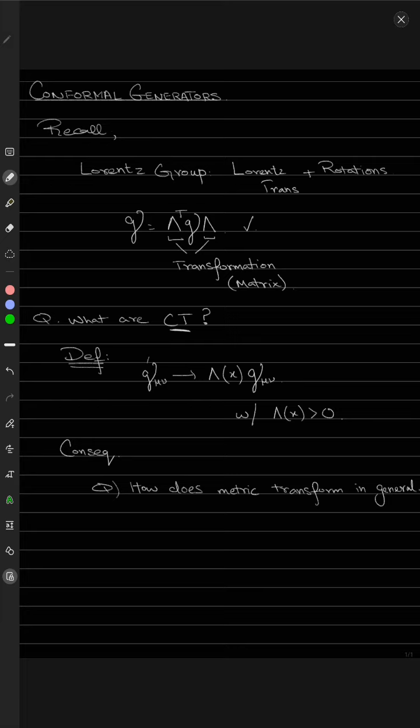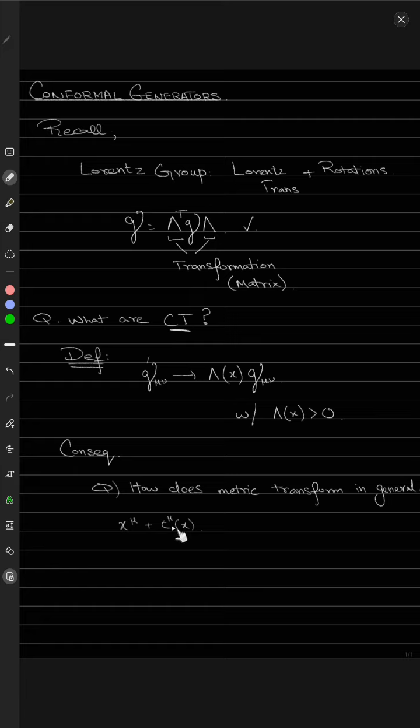Well, we know from our study of both quantum field theory and general relativity that we can write the coordinates. First of all, we'll work with the coordinates, right? So if I have some x mu, and let's say that I add some infinitesimal quantity to this, epsilon mu, but this quantity is a function of x, right?